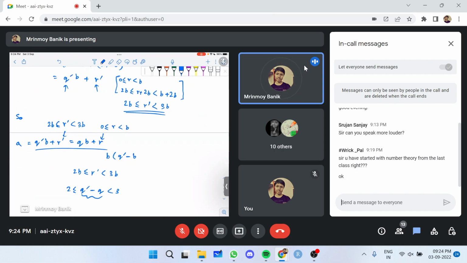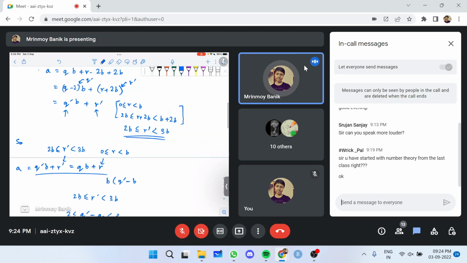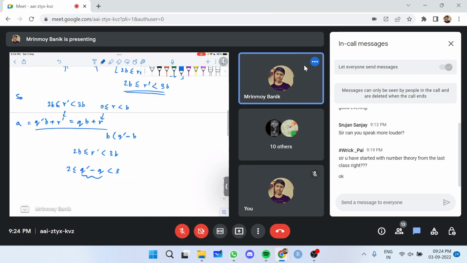Even if you find a contradiction, what will that imply? That they are not equal, they are unique. I'm not getting why proving they are not equal will prove this. Can you later send me your solution? I will try to have a look. Okay, sir.